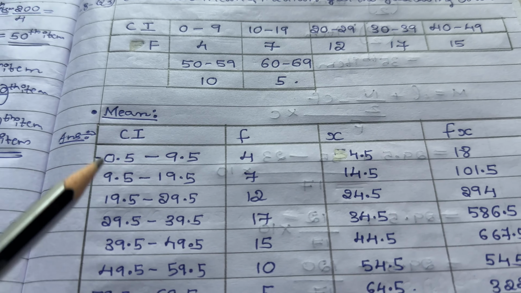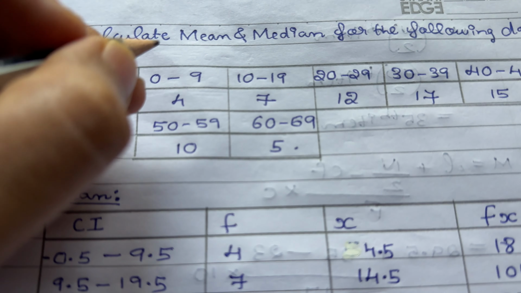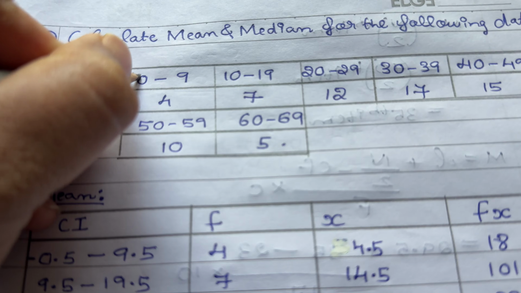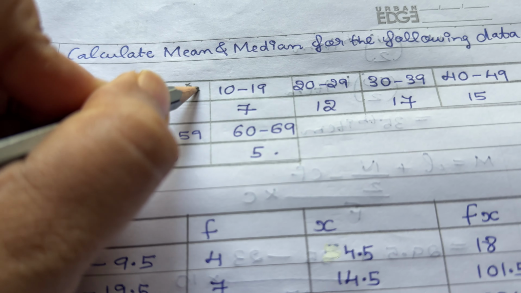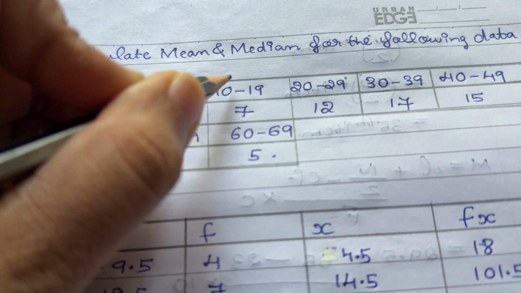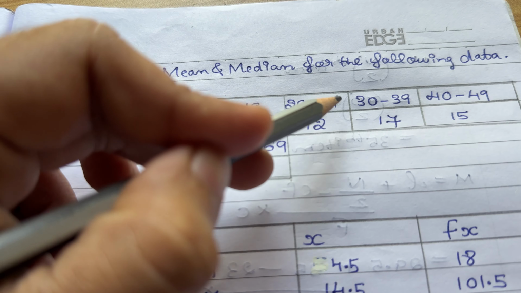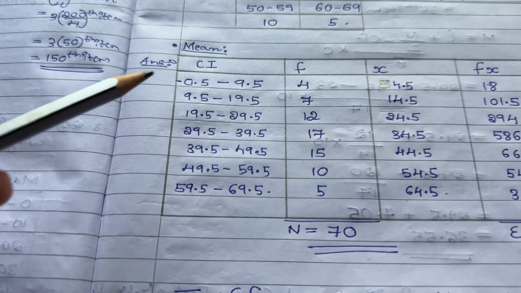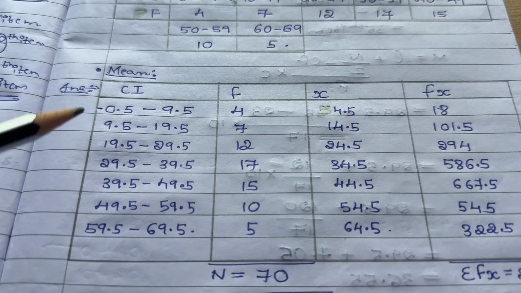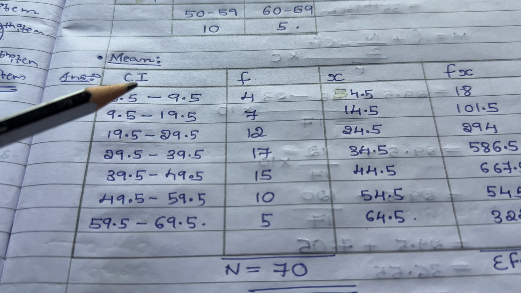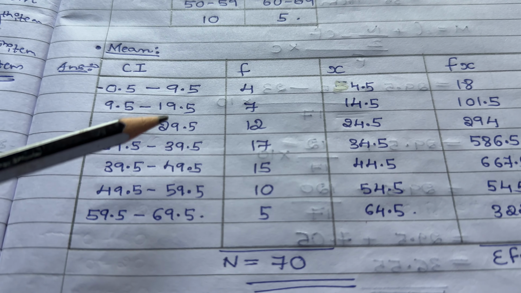Here minus 0.5 and here you have to add plus 0.5 everywhere. So we will be getting the continuity in the class interval.